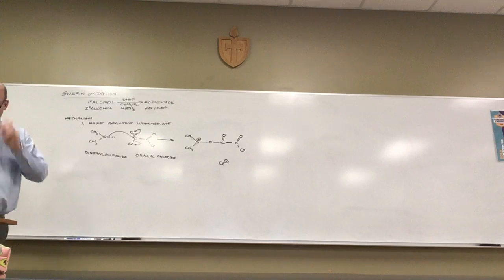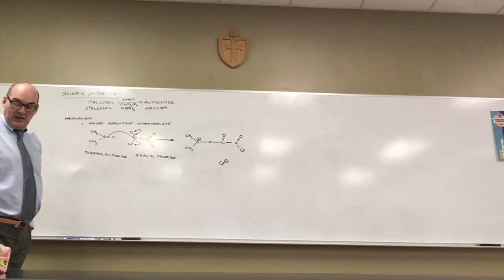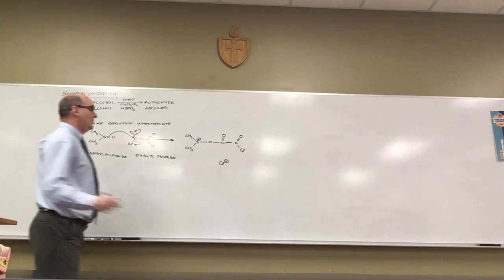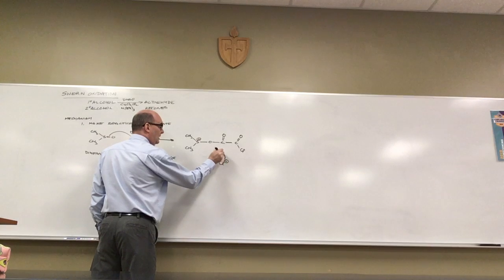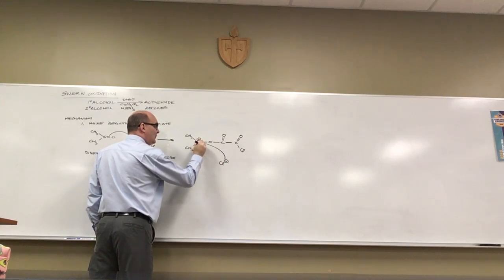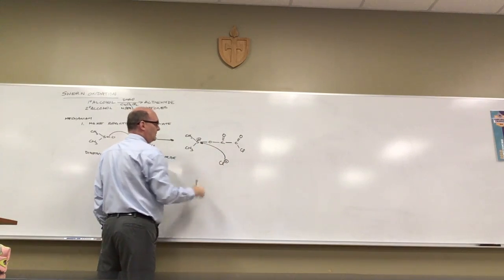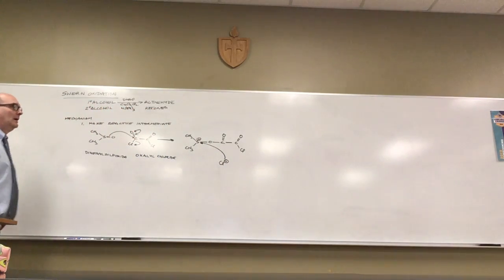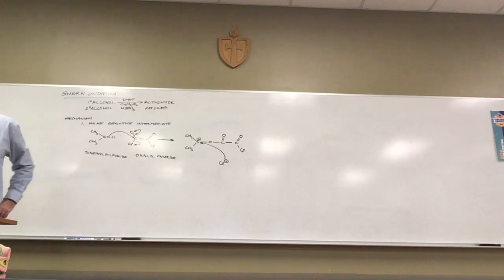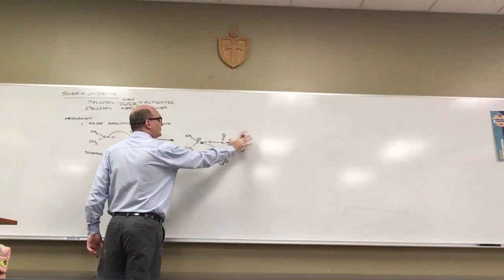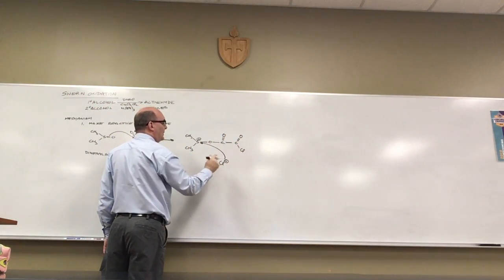So I've got this thing right here, and I'm going to resolve that charge by using nucleophile, electrophile. Okay? If I attach the chlorine to the sulfur, this is all just primed to fall apart.